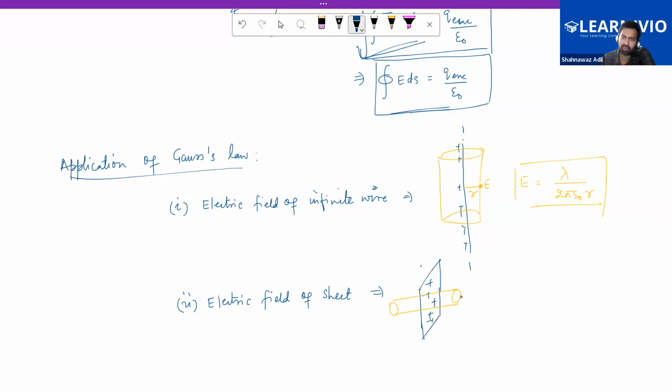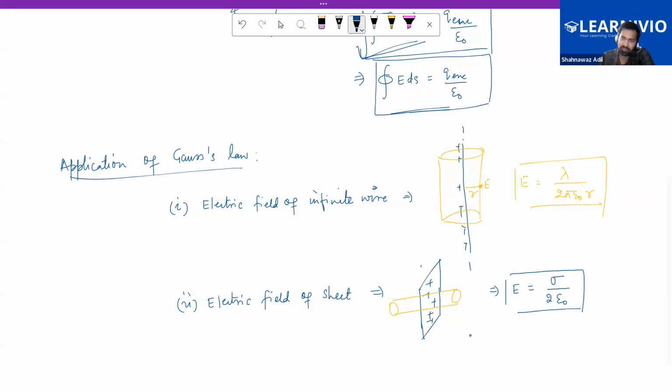What is the electric field of this sheet? So this is a sheet, so it will have surface charge density, right? So this is sigma by 2 epsilon. I'm not writing the derivation. That thing you have already done, right?